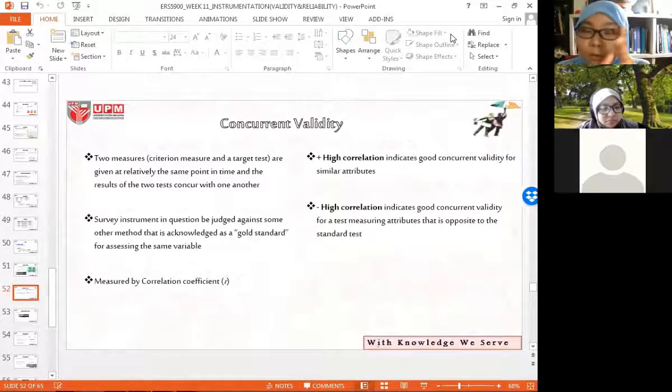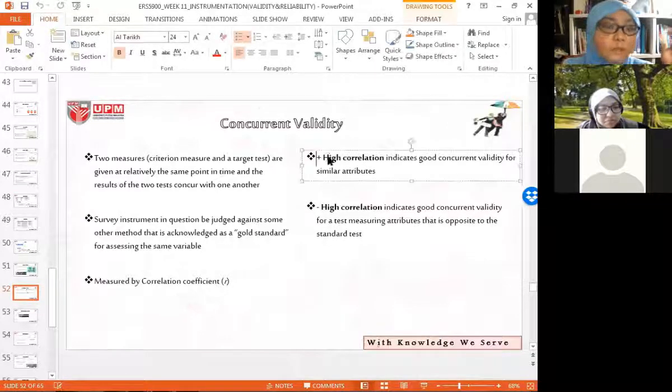Okay, and then now you have the second one instrument that you want to use. Okay, to measure the concurrent validity, you run the data collection from similar respondent using these two instruments. The result that you get, you try to correlate. Faham? Okay, the high correlation indicate that the instrument is good concurrent validity.